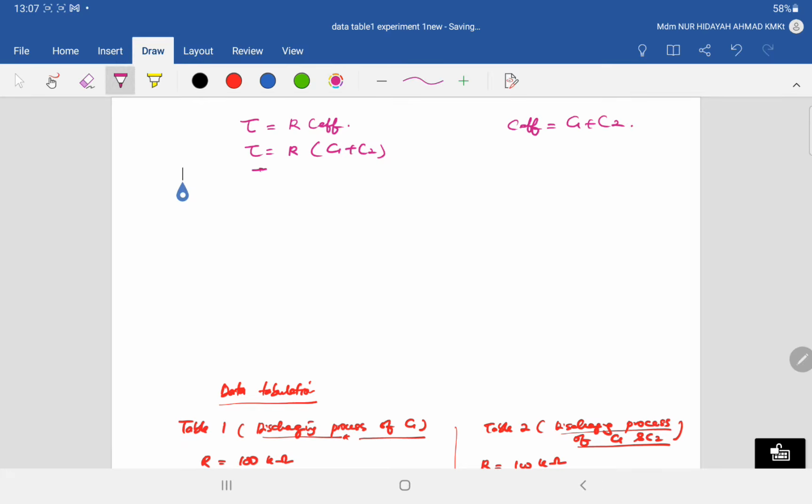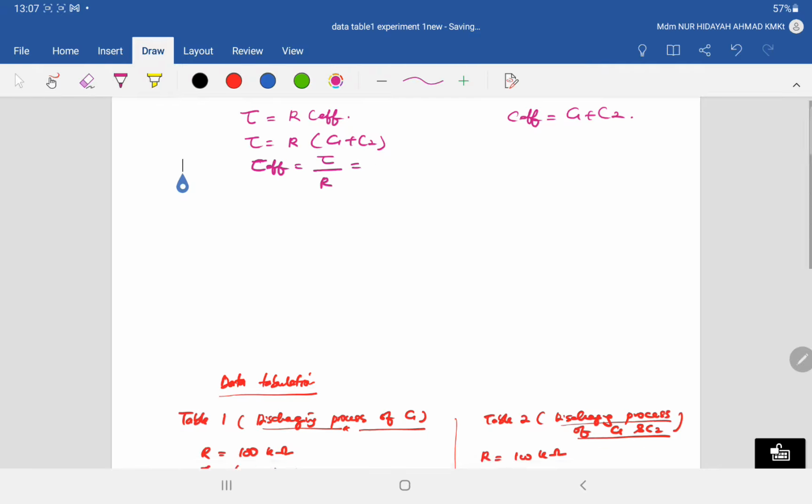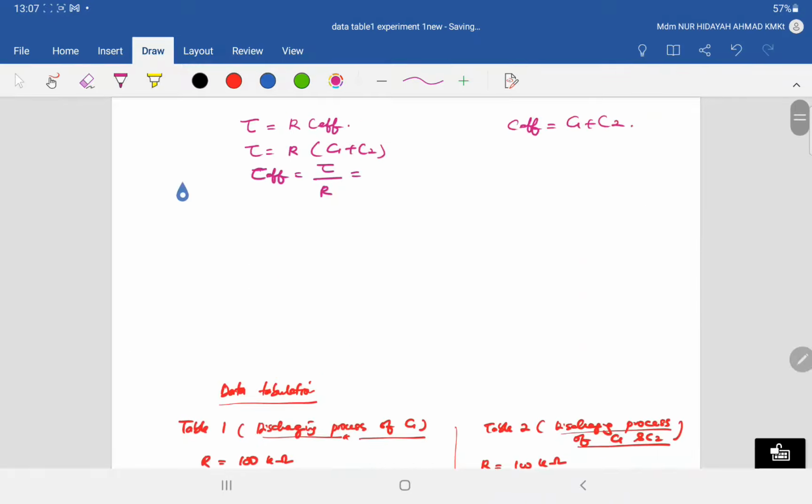So C effective equals tau over R. Tau is 210 seconds, R is 100 times 10 power of 3. So C effective equals 210 over 100 times 10 power of 3, which is 2.1 times 10 power of negative 3 farad, or C effective equals 2100 microfarad.